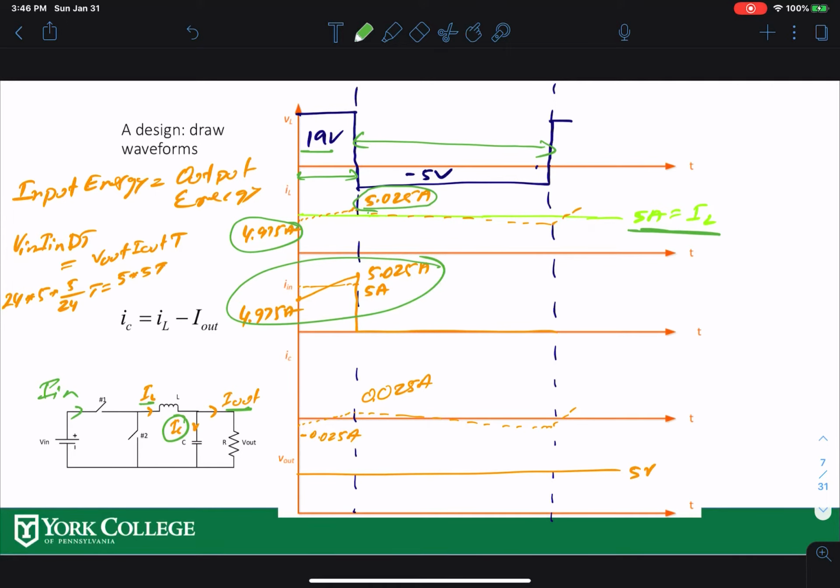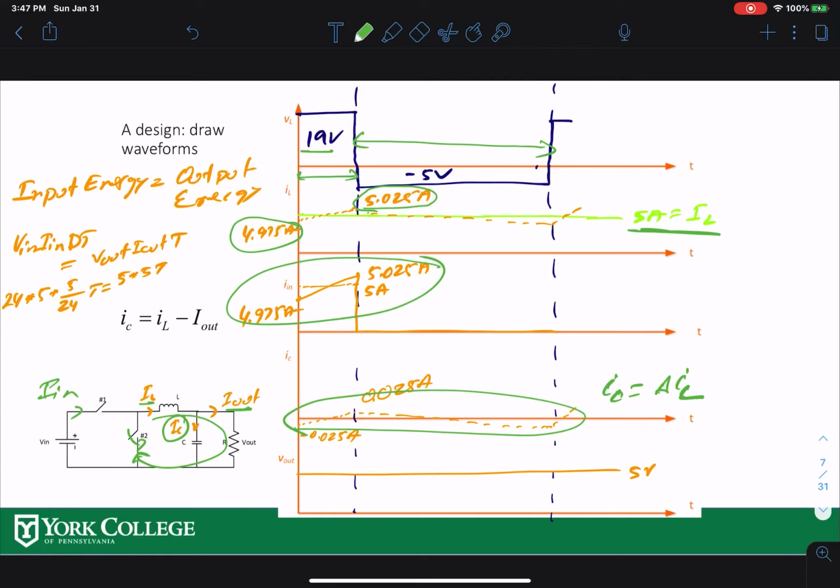When switch 1 is off and 2 is on, IL is circulating here, so it's still the same thing: IL equals I out on average, and the ripple goes back into the capacitor in the opposite direction. So IC is the ripple of the inductor current.